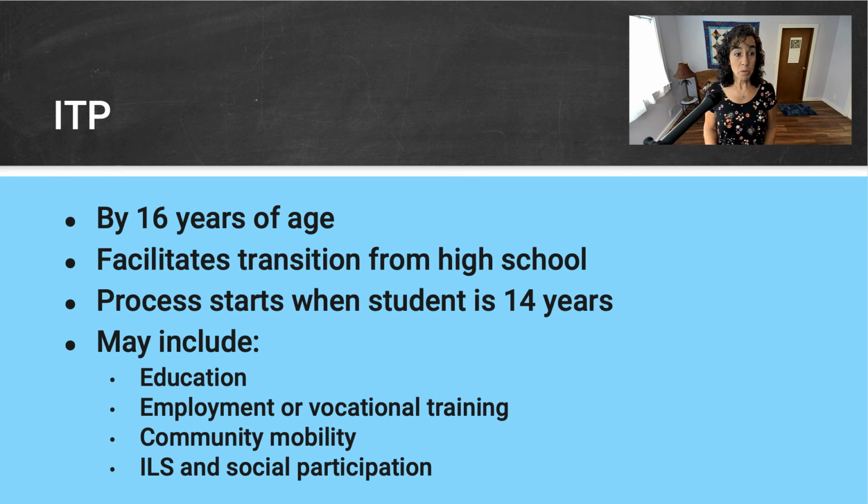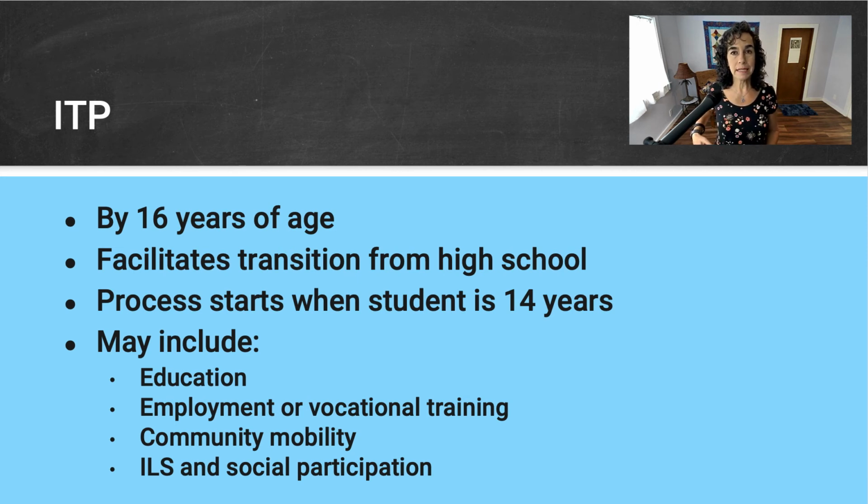All right, so moving on, now we're going to talk about the individualized transition plan. And as we said earlier, by 16 years of age, we're going to be looking at that. It facilitates the transition from high school out into the world or into higher ed. It is a process that starts when a student is 14, right?